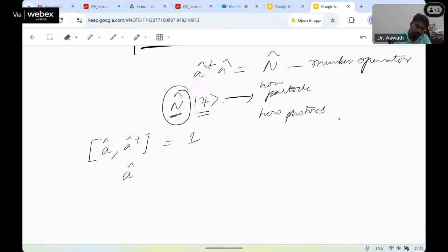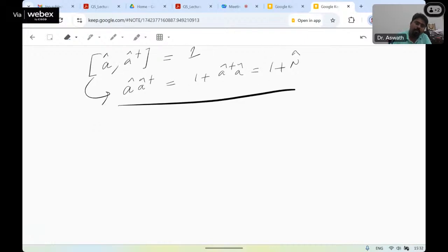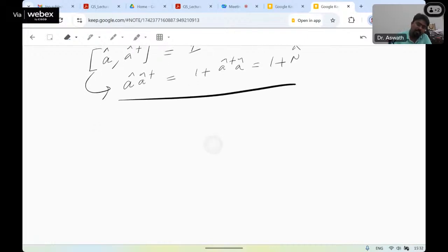And a into a dagger: we know a dagger a is n, so a into a dagger is simply equal to 1 plus a dagger a, which is 1 plus n. From here I can get that. These are interesting algebraic results which I will be needing. Why I will be needing them, we'll see as we go further. Now, let's say H is simplified into n plus half.